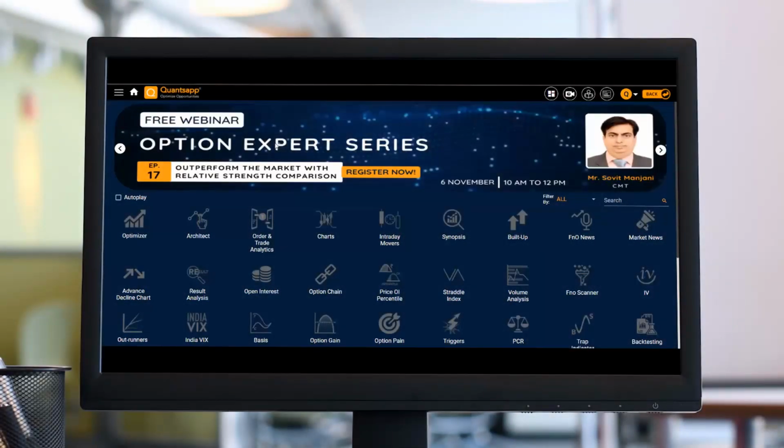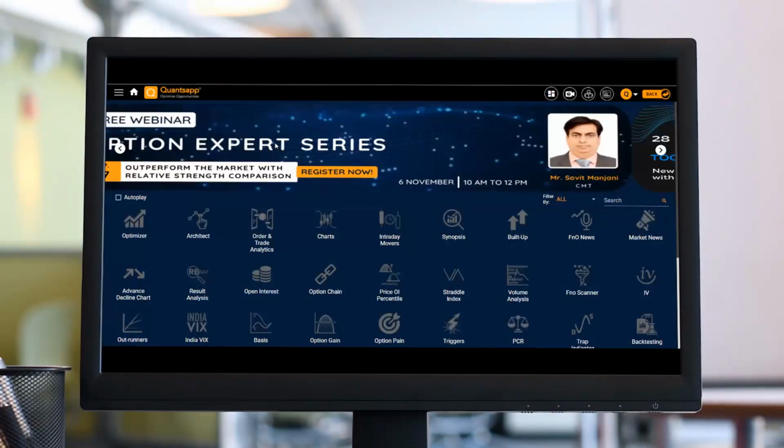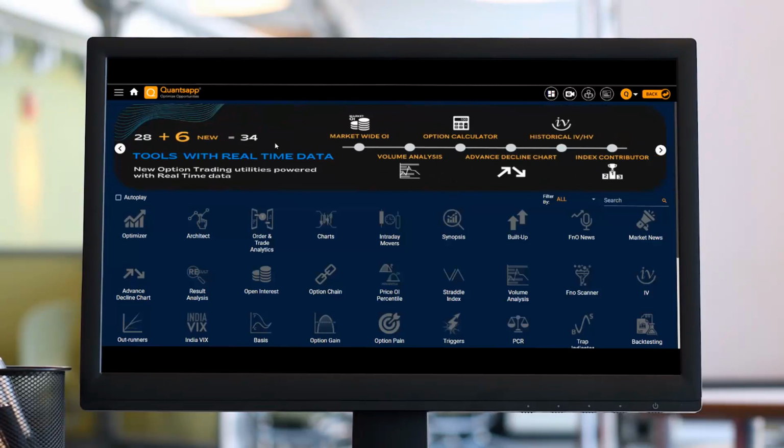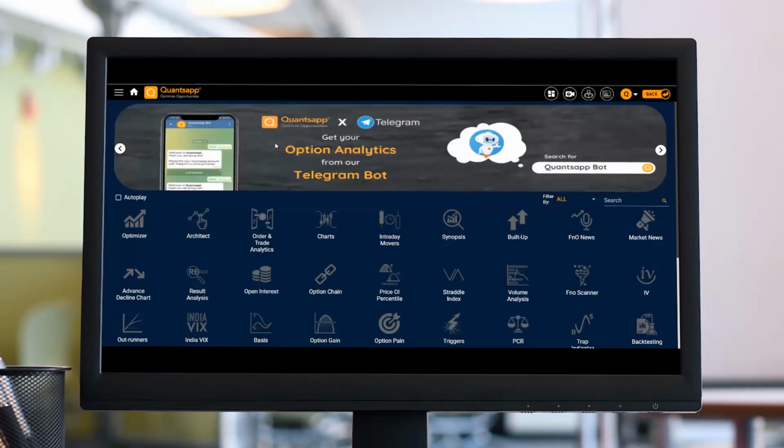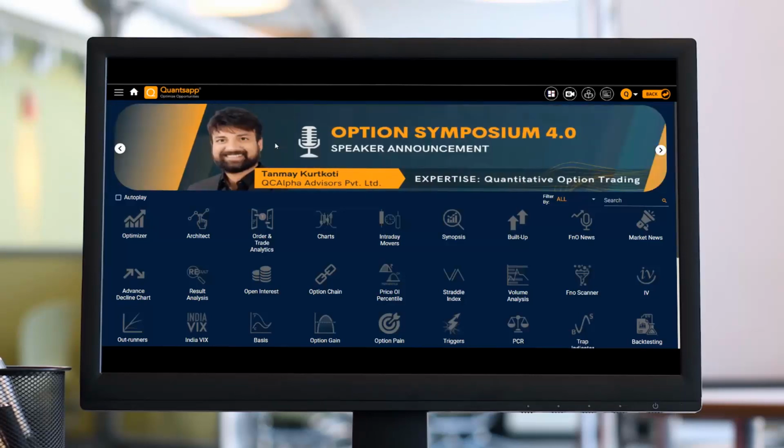Now the percentile shows us how many of the previous data points were observed below the current level. Let's take an example.